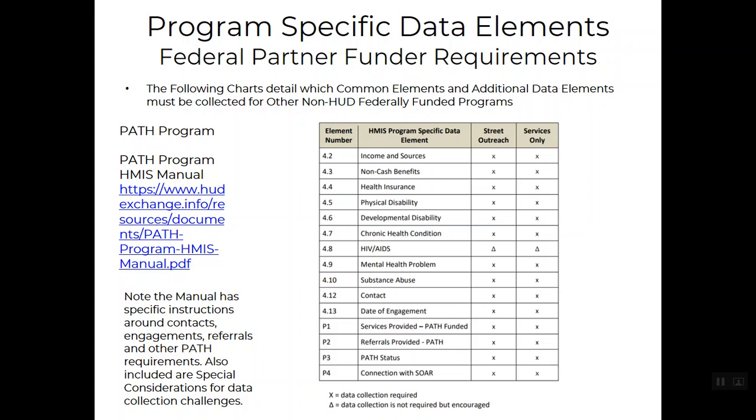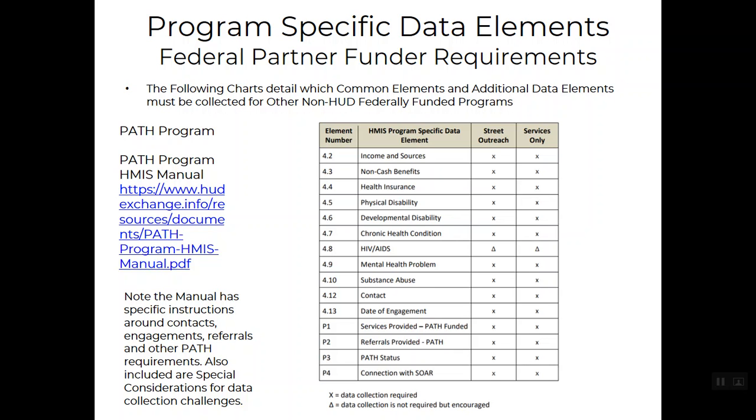This page is for the PATH program. There is one PATH provider for the entire state of Massachusetts. So if you are not that PATH provider, then you probably don't really have to worry about this information. If you are this PATH provider, then there is a link here for the required data elements for your PATH program.